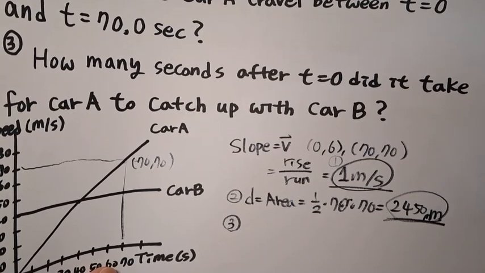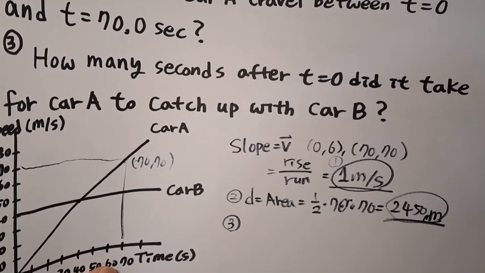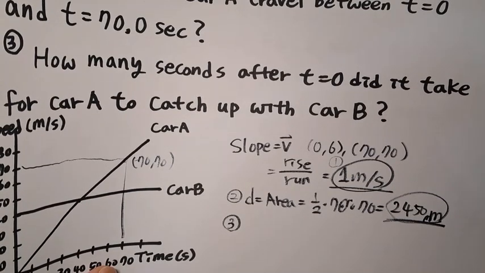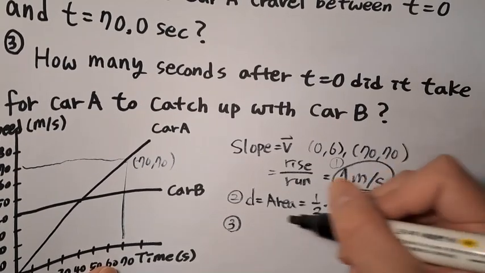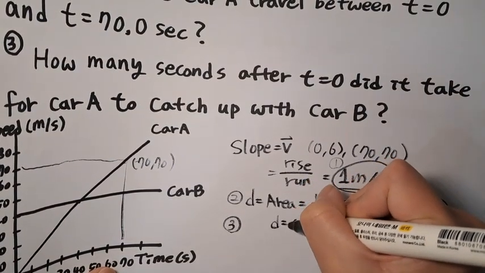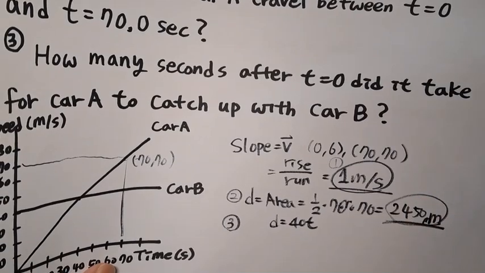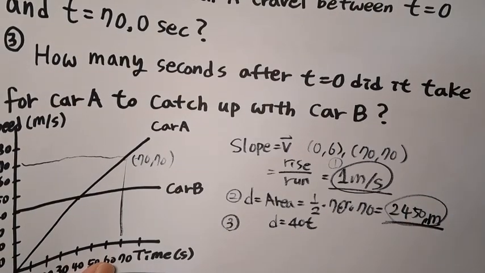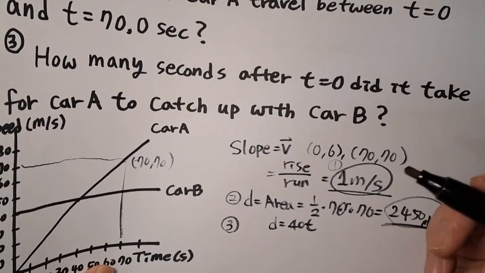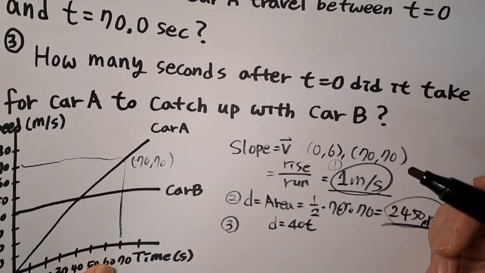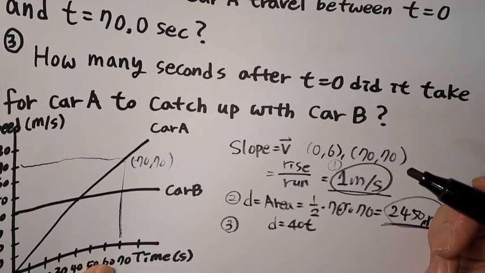So car B travels at a constant speed of 40 meters per second. So the distance is going to be 40 times t, and the distance car A travels is 1/2 times acceleration times t squared.